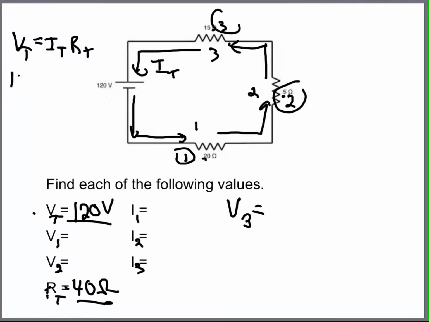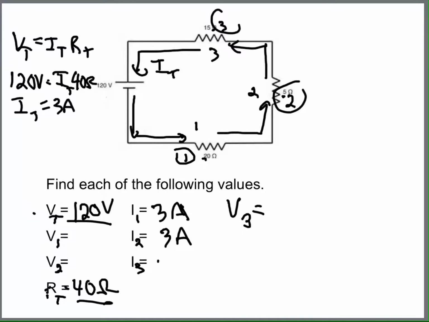V total is 120 volts, R total is 40 ohms, and I'm looking for I total. What times 40 gives us 120? It's 3 amps. So we got 3 amps, 3 amps, 3 amps.